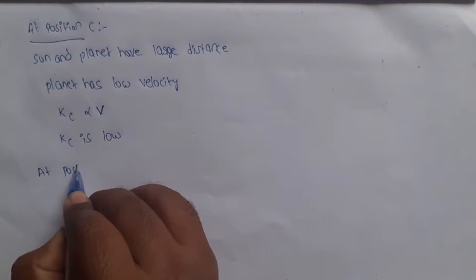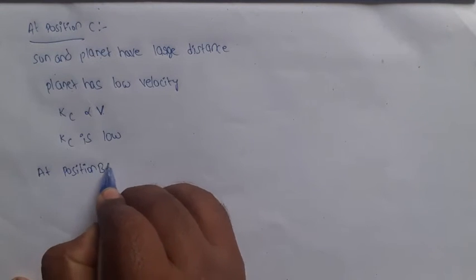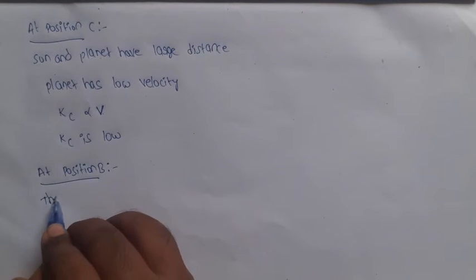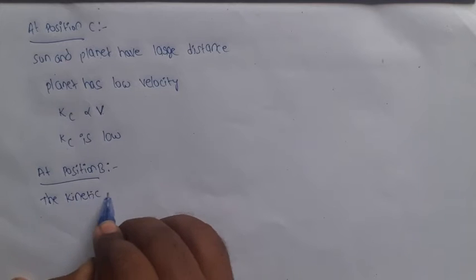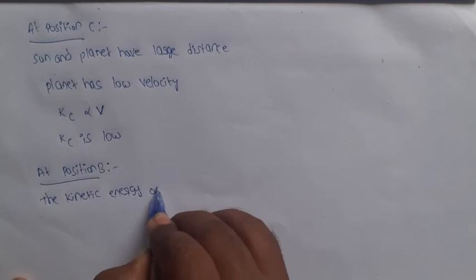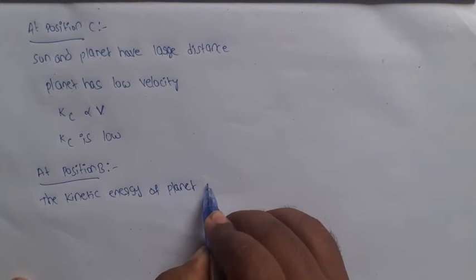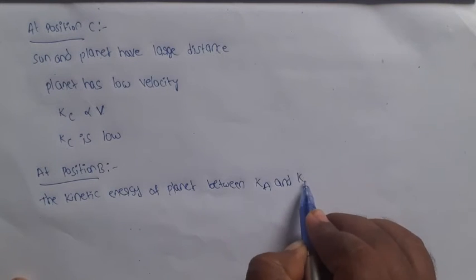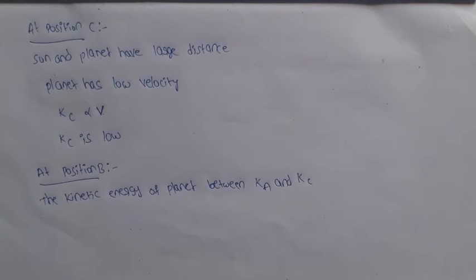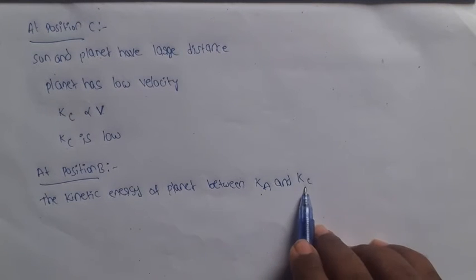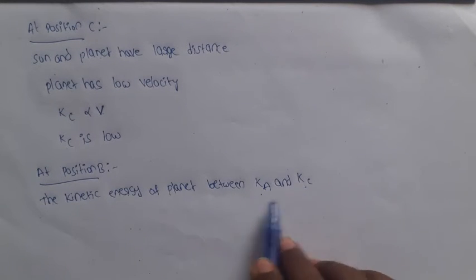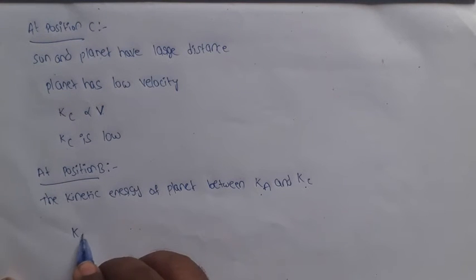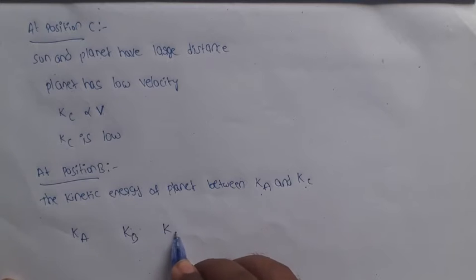At position B, the kinetic energy of the planet is between Ka and Kc. Ka has the maximum, Kc has the minimum, and Kb has a value in between. So what is the relation between Ka, Kb, Kc?